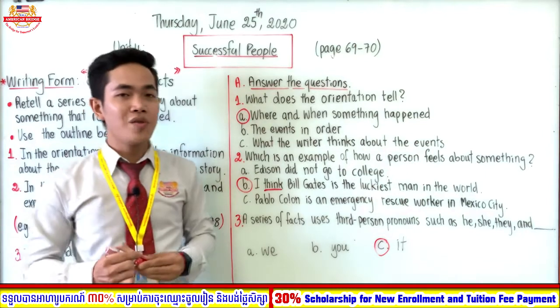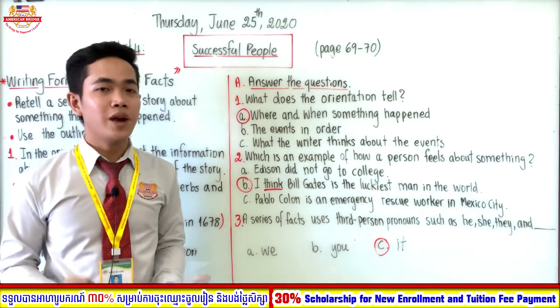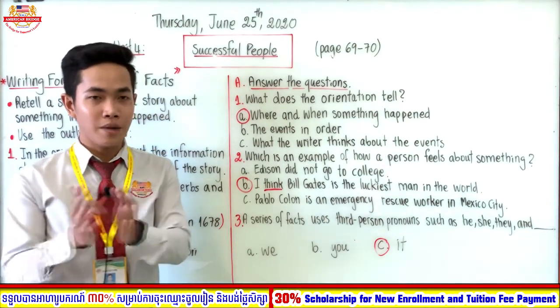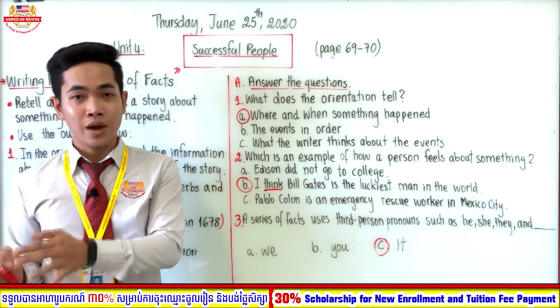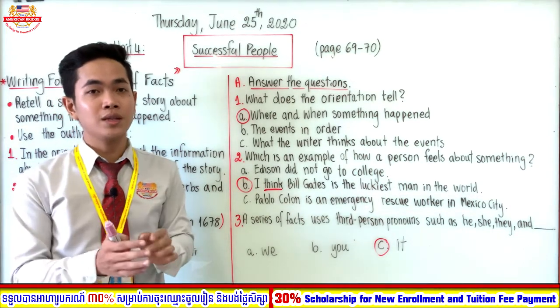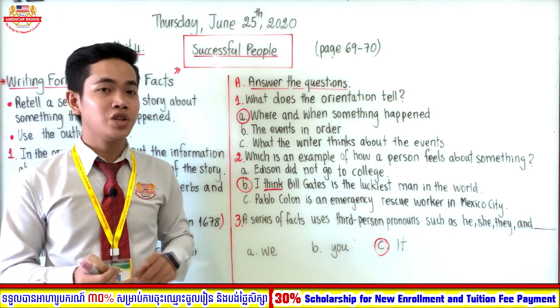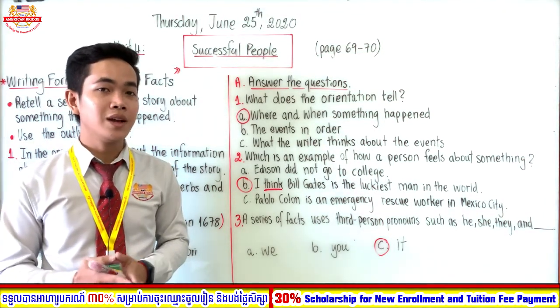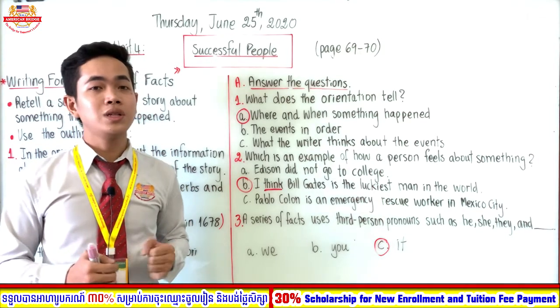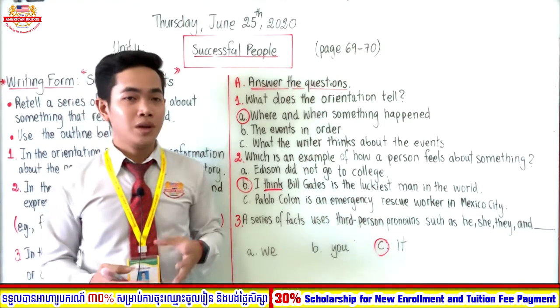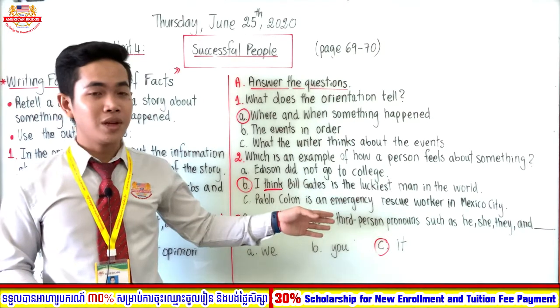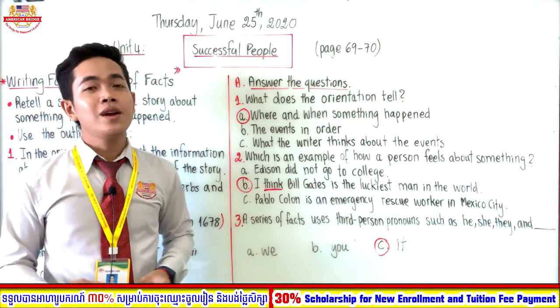Okay, so in a series of facts, the pronouns you can use are the third person pronouns, right? So we have he, she, it, and they, right? So this is what you have to include in your series of facts.